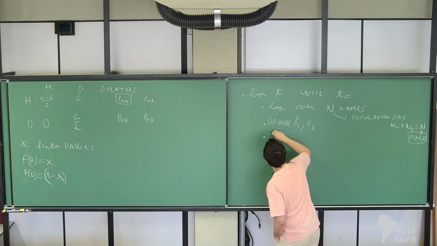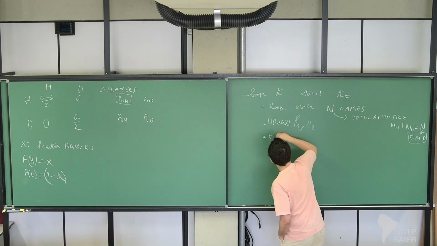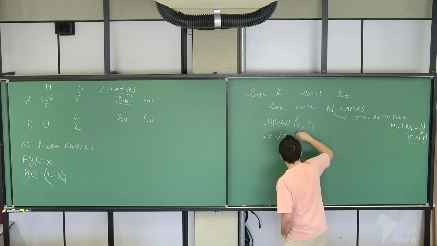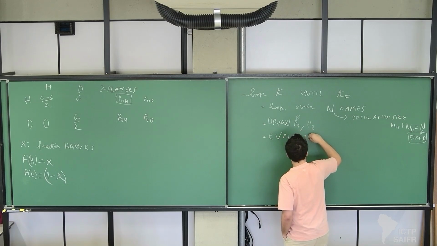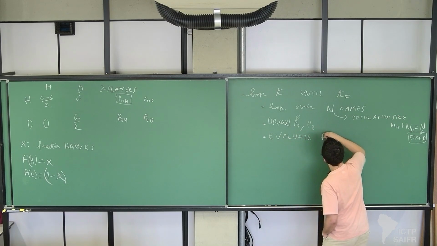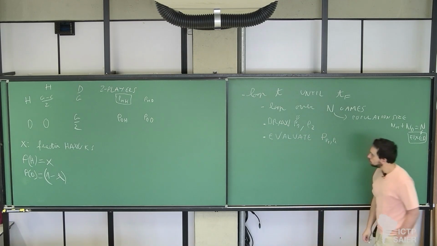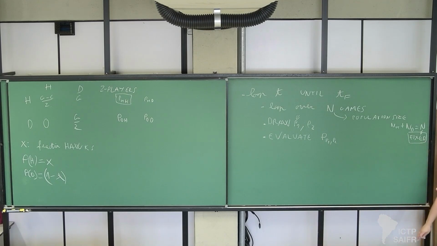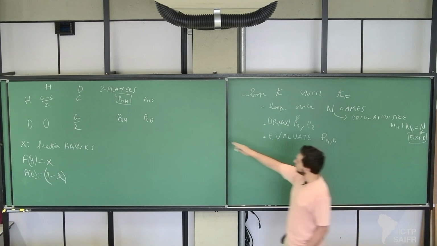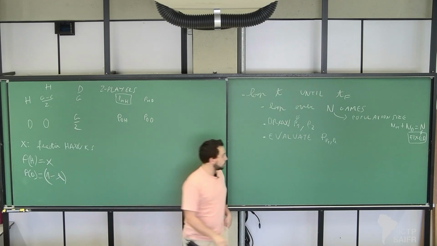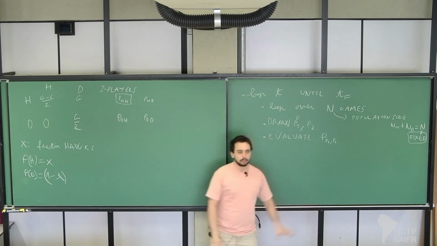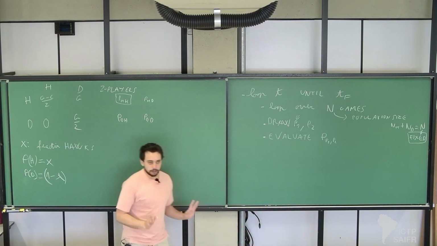And then you evaluate the payoff entry of player 1, player 2. So basically you evaluate the entry of this matrix that corresponds to this pair. Is that clear?